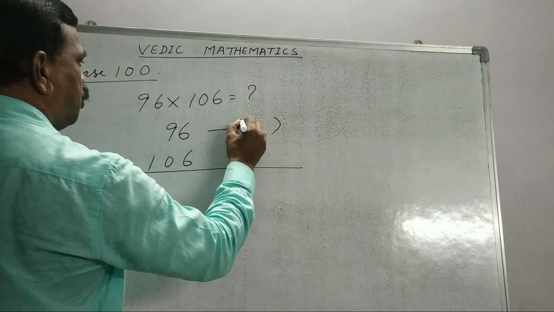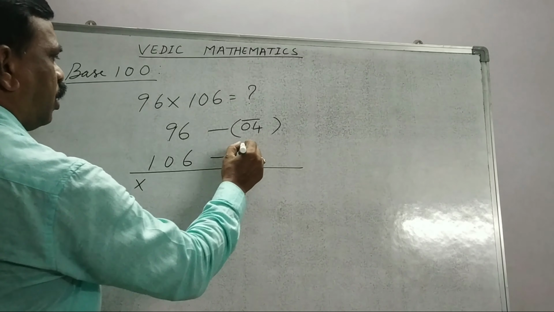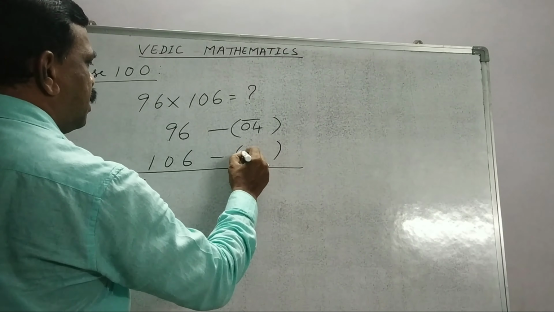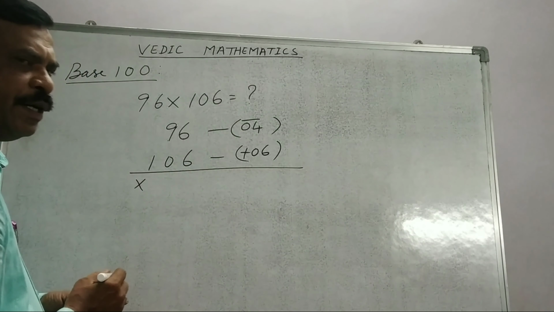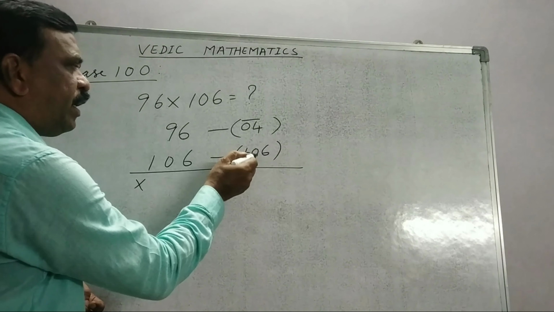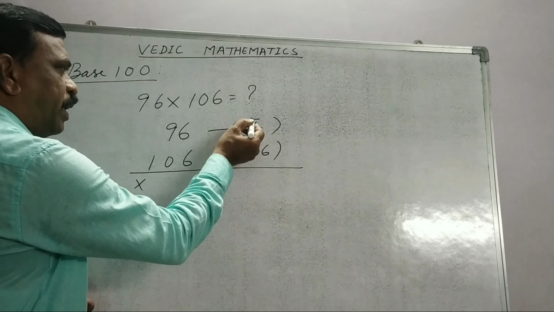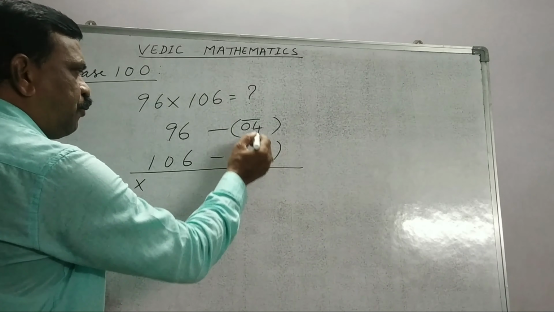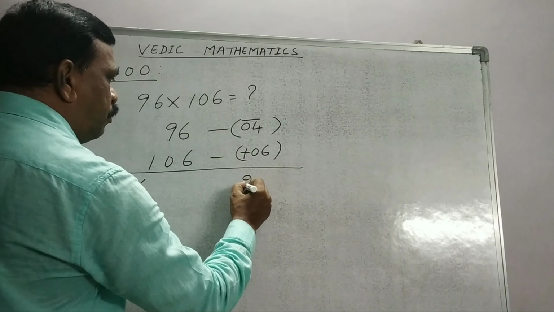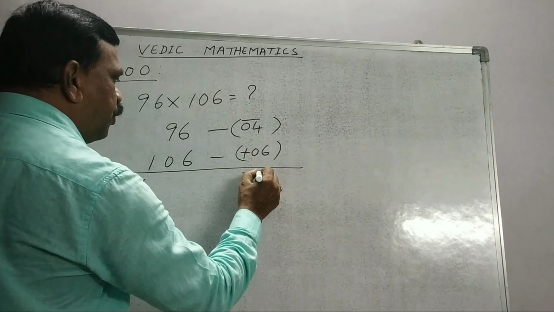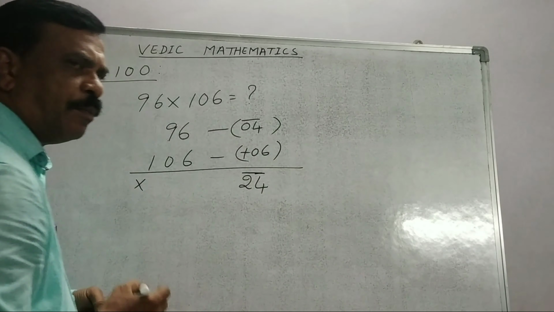We are using the Nikhilam Sutra here. So this is negative 4. 106, how much is it more than 100? 6 more than 100. So right side numbers we multiply directly, as you know. So plus into minus will become minus. 6 fours are 24. But this is minus 24. That is negative 24.